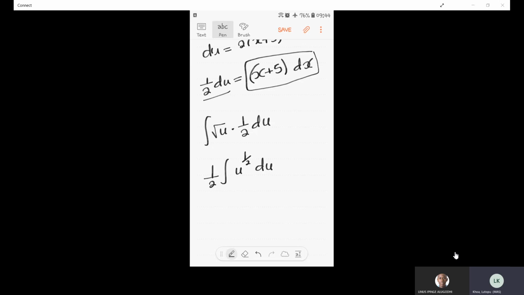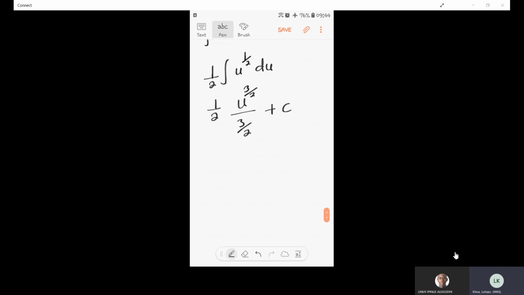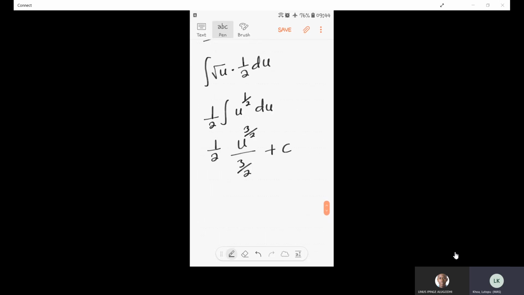And then here what I do is half the power of u will increase by 1, so I'll have 3 over 2, and then I will also divide by 3 over 2, and then you add a constant that differentiates to 0. So doing this, what we have is half divided by 3 over 2.